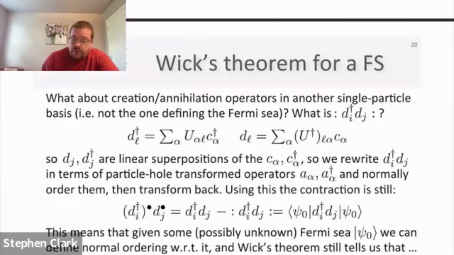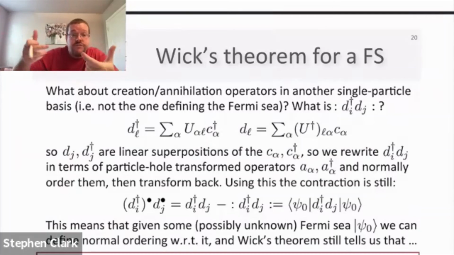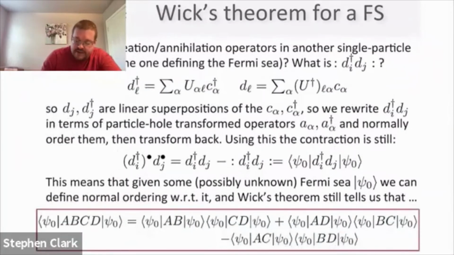The reason is that you can always write any operator in another basis as a unitary mixture of the C operators, the eigen operators, and then you can convert each term in that sum to its relevant particle-hole transformed version, and then normally order all of them individually. The net result is exactly the same.